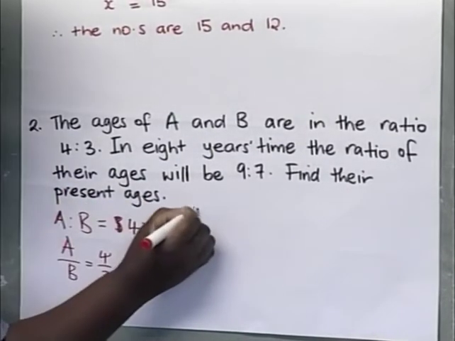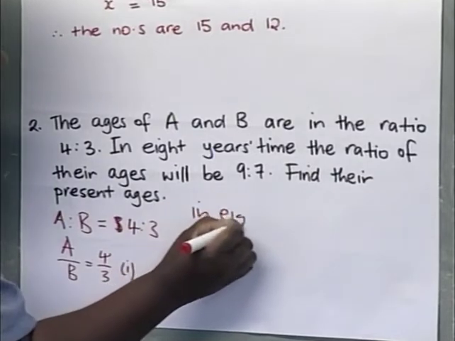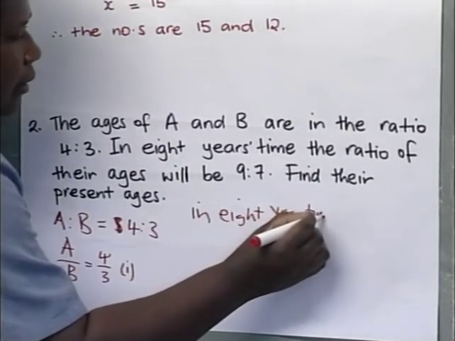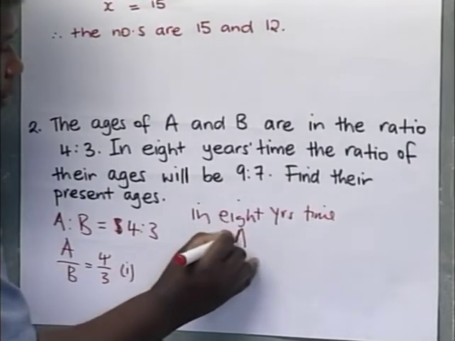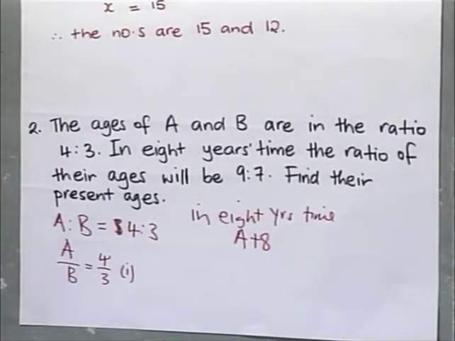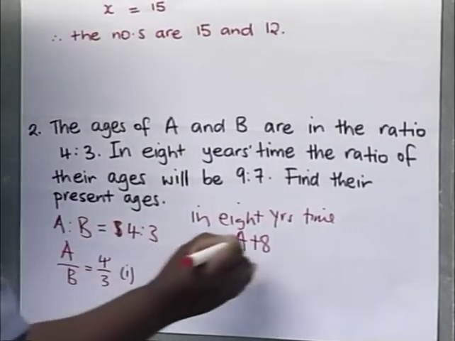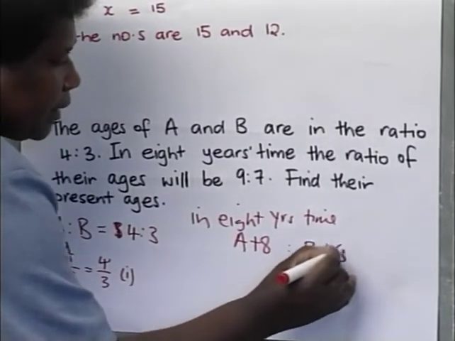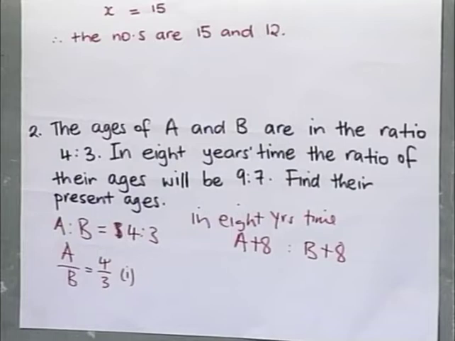So, in 8 years' time, A is going to be A plus 8 years old. And B is going to be B plus 8 years old.